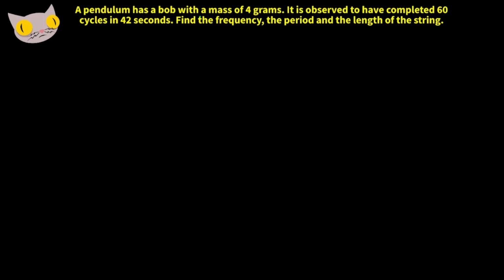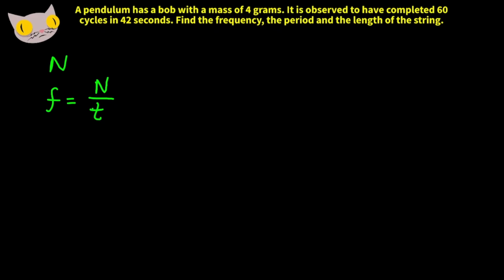So the number of cycles, which we'll call n, in a specific amount of time is defined as the frequency of an oscillatory system. So that just means frequency can be thought of as the number of cycles over a certain amount of time.